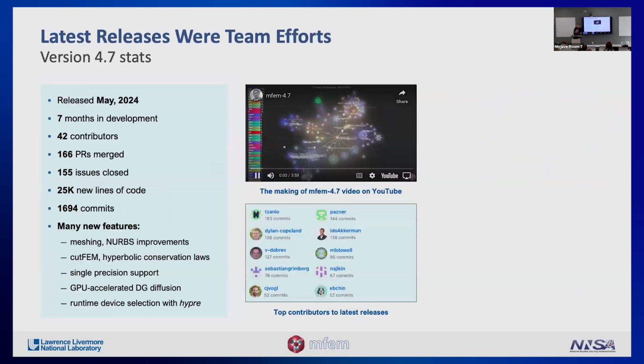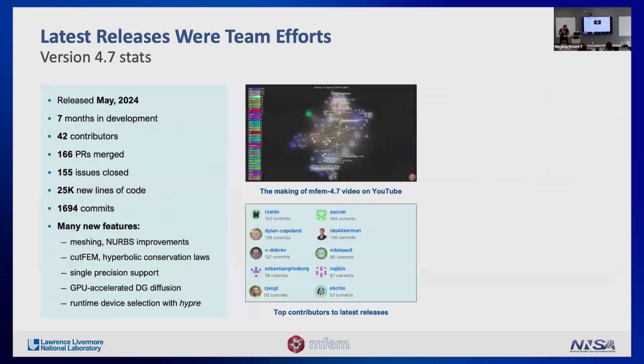Okay, what happened last year? We had one release, 4.7 in May. That took about 7 months to develop, with 42 different contributors. This is the code visualization of people working on different files.